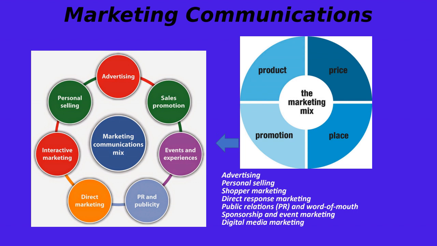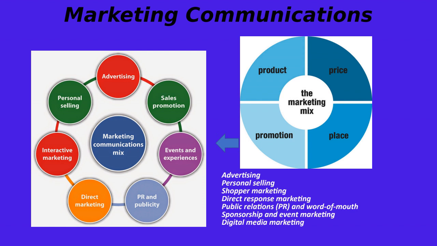And remember that all these Ps that we're looking at now are for a specific target market. So our promotions, our communications are for a specific target market. So if you are trying to communicate with a very old demographic, say your positioning and your target market are senior citizens, you are not going to communicate on Instagram.